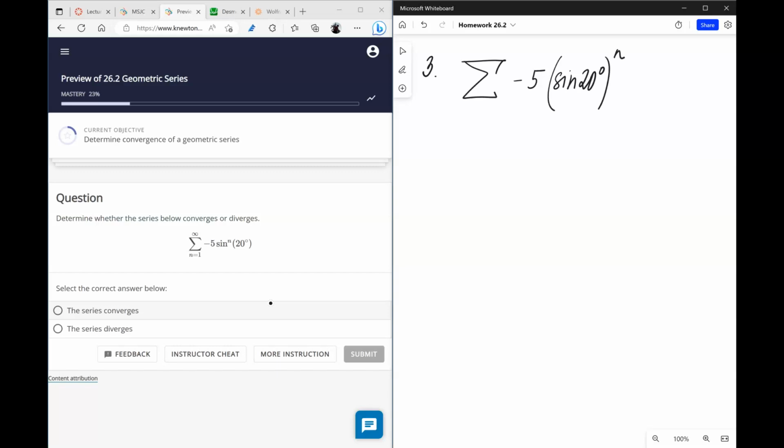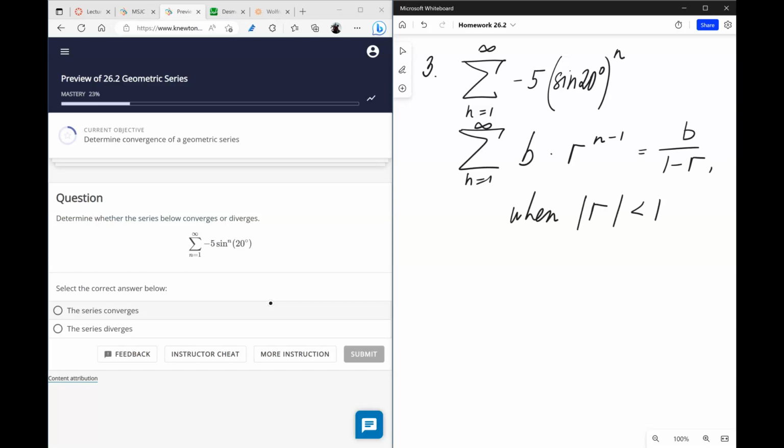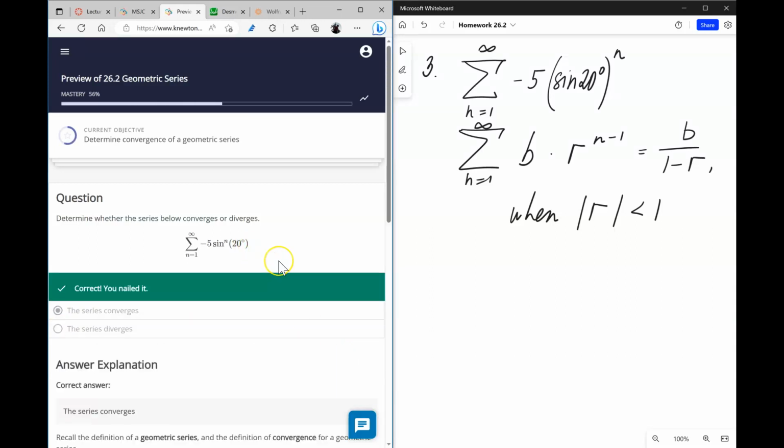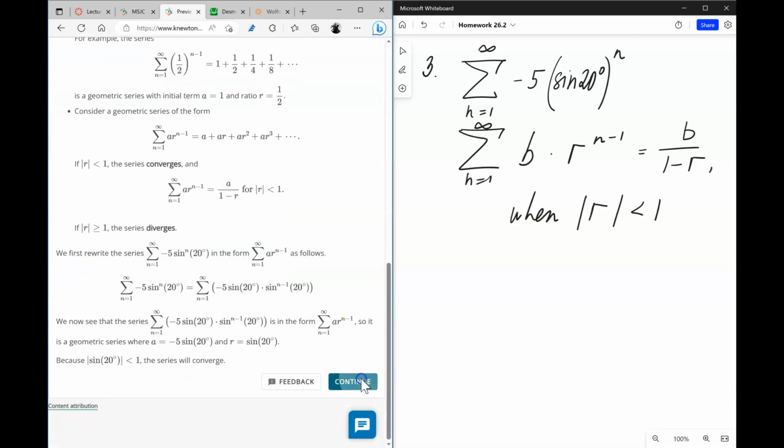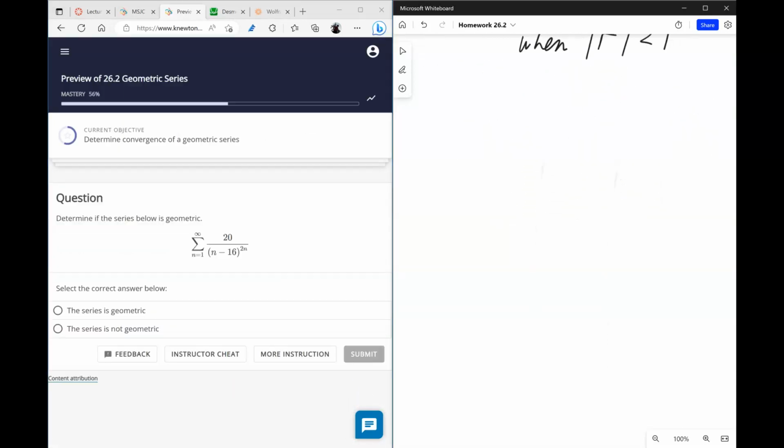We have sine of 20 degrees raised to the power n, and we know that a geometric series in this form converges to b over 1 minus r when the absolute value of r is less than 1. I'm not sure what sine of 20 degrees is, but it has to be between -1 and 1. So this series converges. This is a good true-false question for the calculus AP exam or something like that.